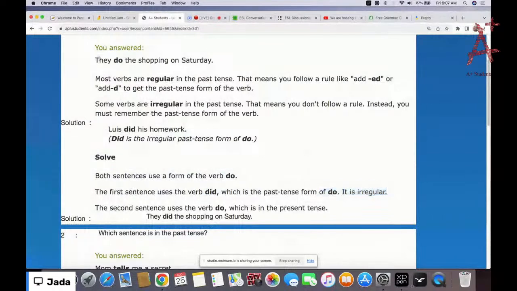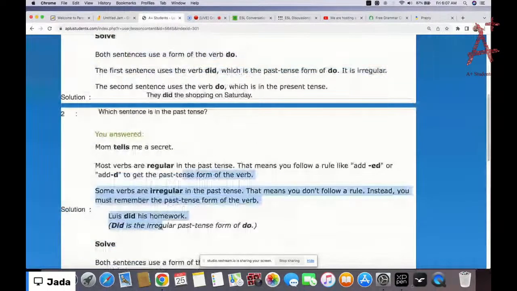Do is present tense and did is the past tense. So if you're asked to get the past tense of do, it is did because it's irregular. So the past tense should be they did the shopping on Saturday.